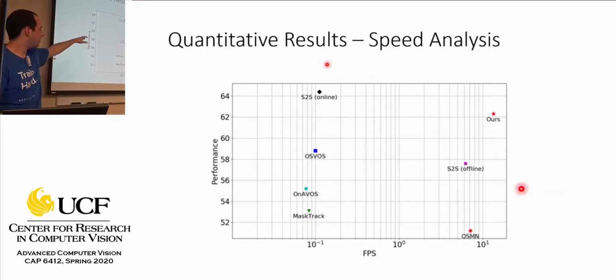At the time there was an online method, S2S, which is an LSTM basically, but it's online, so they have some training at test time as well that's performed on the first frame. It performs about 2% better than our method. However, it's about 100 times as slow, right? So you can see that our method is quite good, especially for the speed it has.